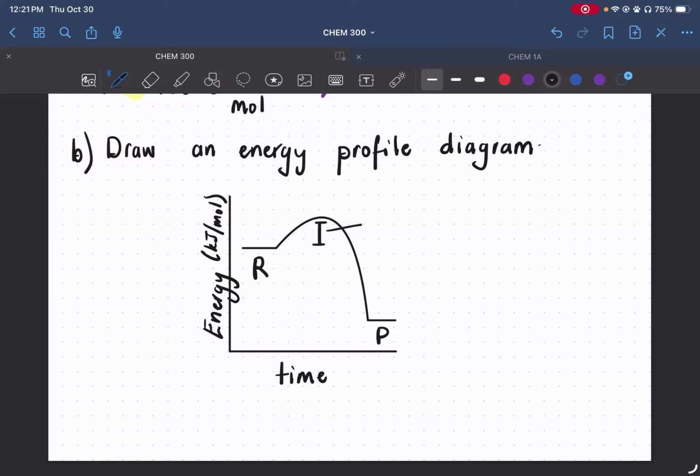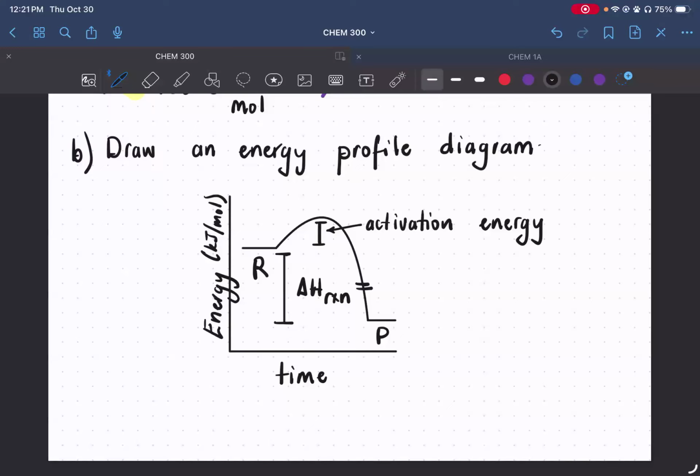We know, of course, that the difference between the tip and the reactant is the activation energy. That's just a label. And we know the energy difference between the reactants and the products is delta H of the reaction.